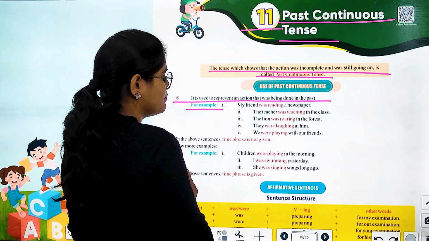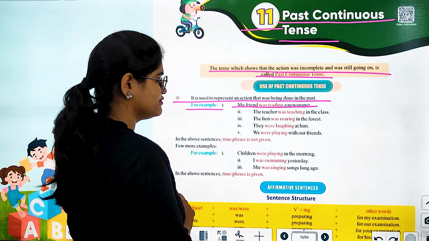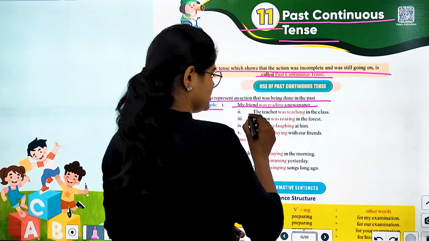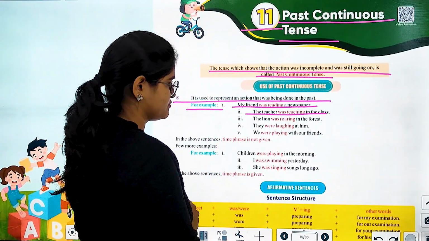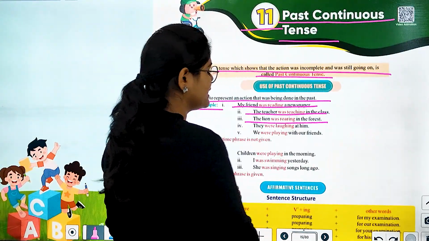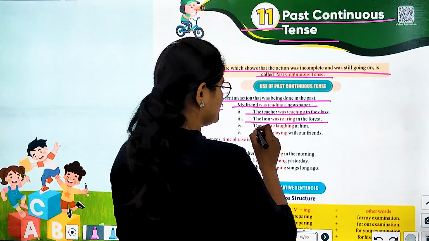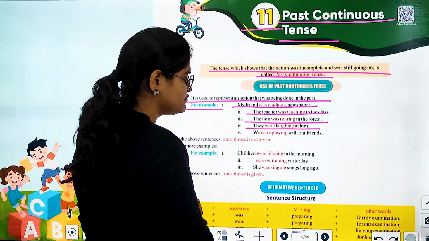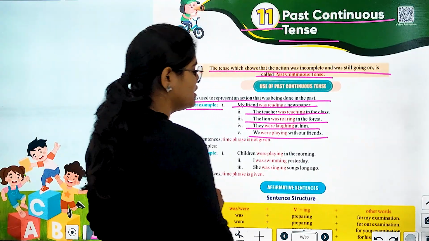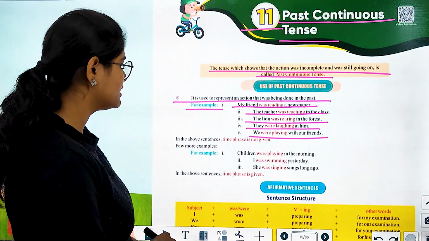So, for example, my friend was reading a newspaper. The teacher was teaching in the class. The lion was roaring in the forest. They were laughing at him. We were playing with our friends, right?